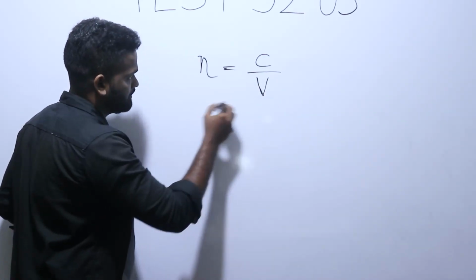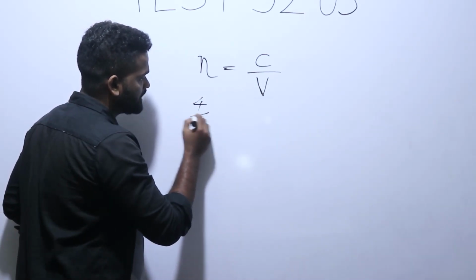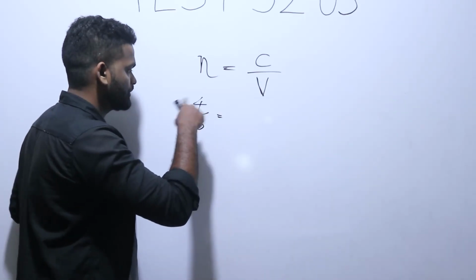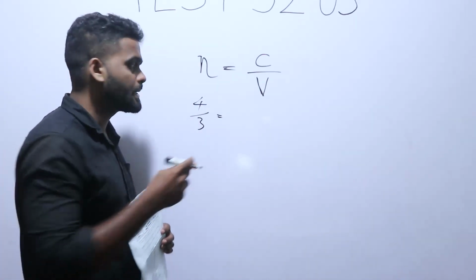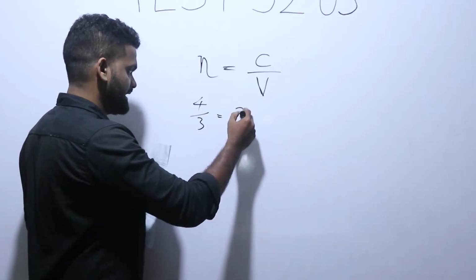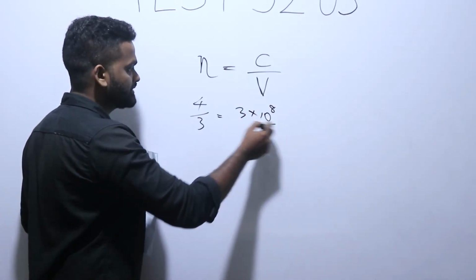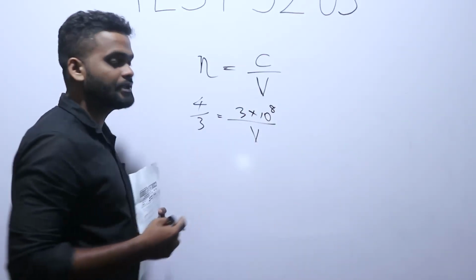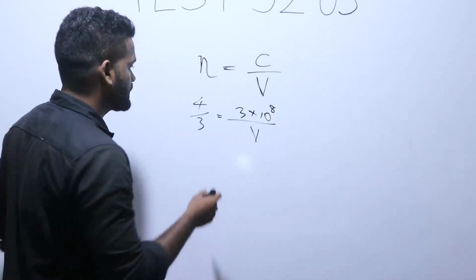Here the medium is water. The absolute refractive index of water is 4/3. C, the light speed, is given as 3 times 10 to the power 8, divided by V. So here you need to find V.